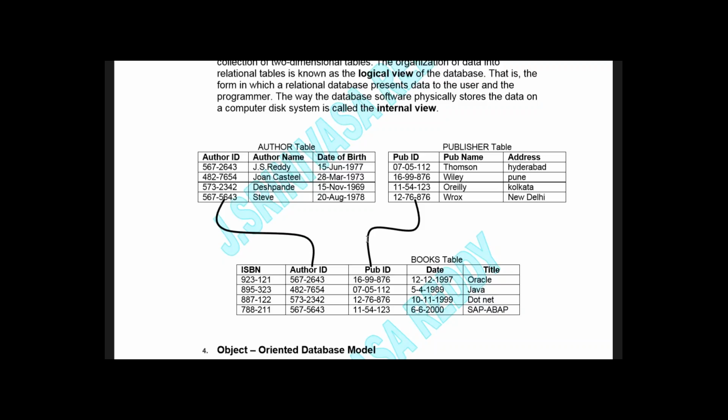Similarly, there is another table, the publisher table. So publisher ID, publisher name, and publisher address. This is the publisher information.